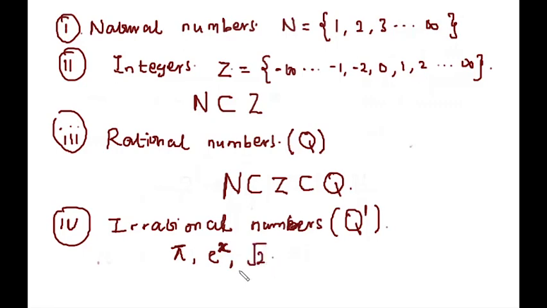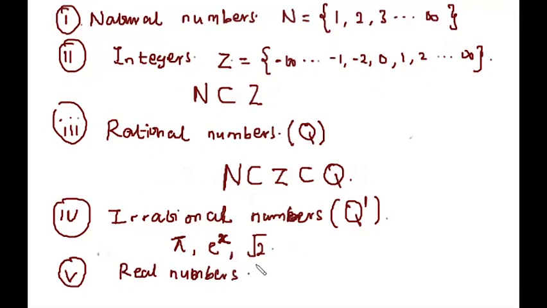So talking of irrational numbers and rational numbers, we also have numbers that are termed real numbers, often denoted by R. R is often said to be a union of Q and Q prime.